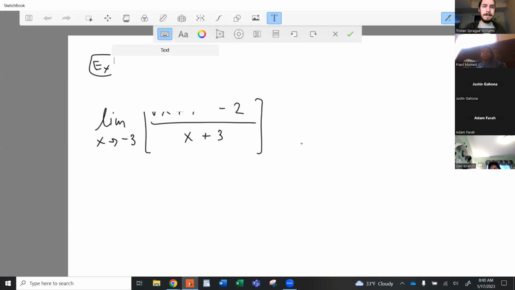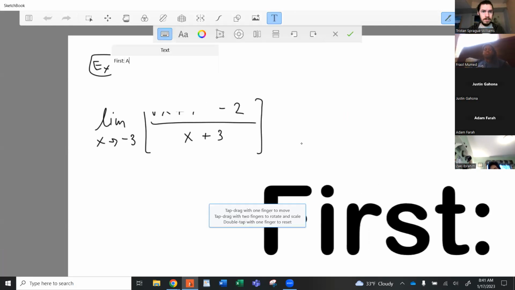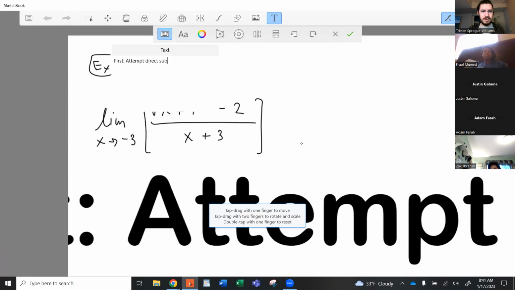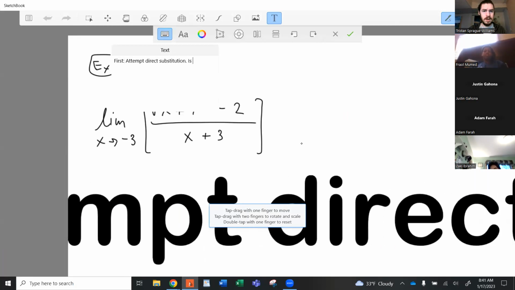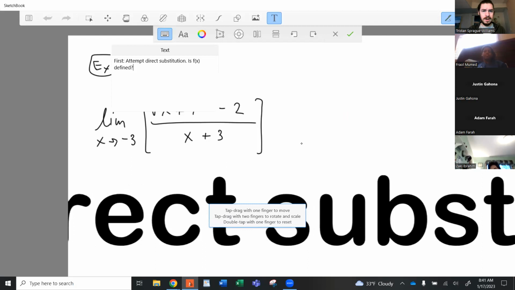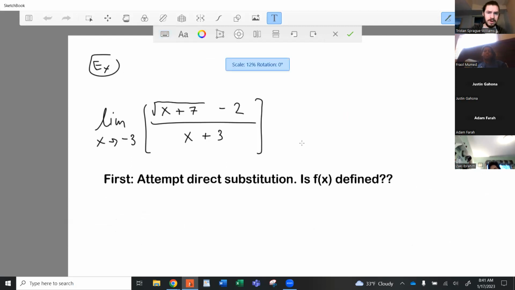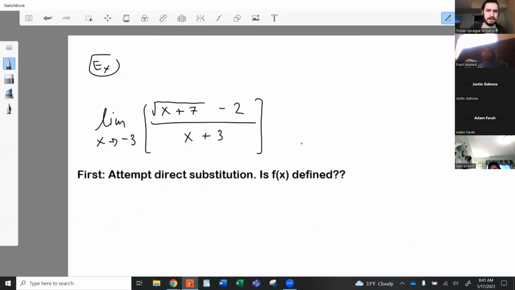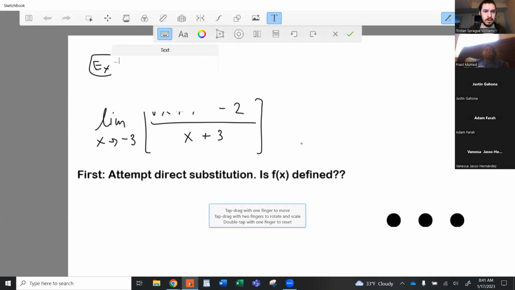So first, attempt direct substitution. Is f of x defined? That's what we want to do first, right? You could do this in your head. It would be undefined because the denominator equals 0.